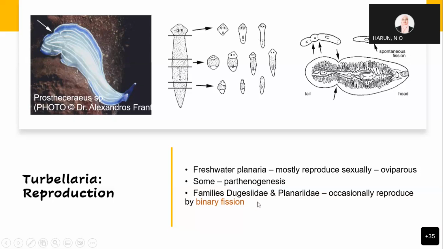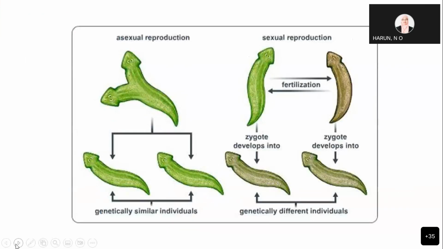Family Dugicidae dan juga Planaridae occasionally reproduce by binary fission. Okay, this is how it looks like. By binary fission, one organism, then they will become two organisms. Okay.